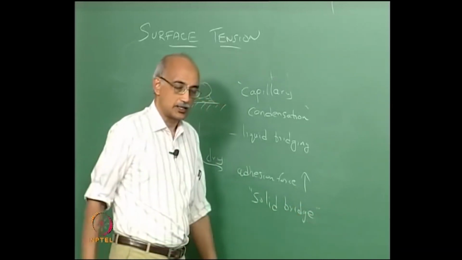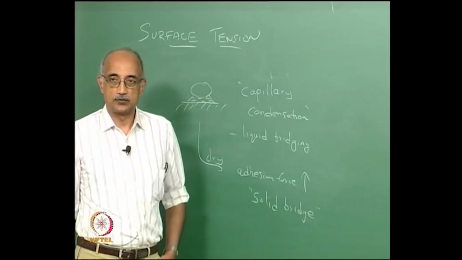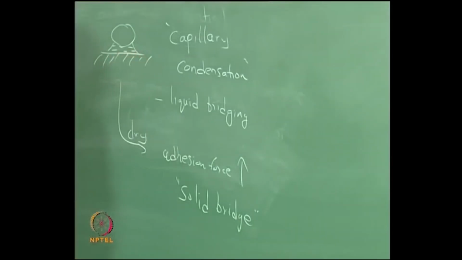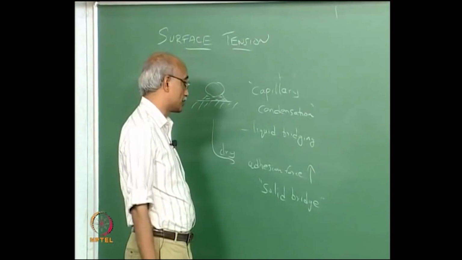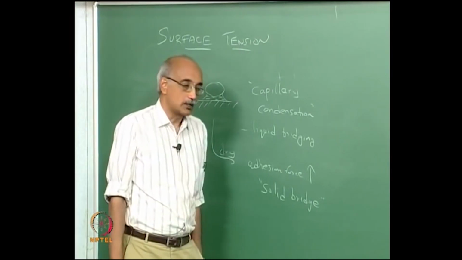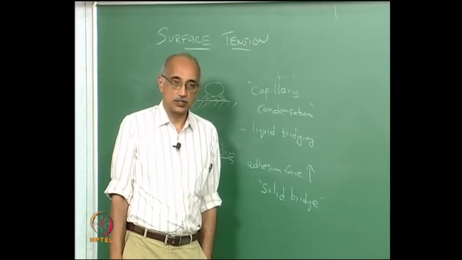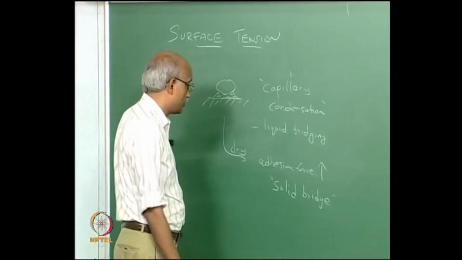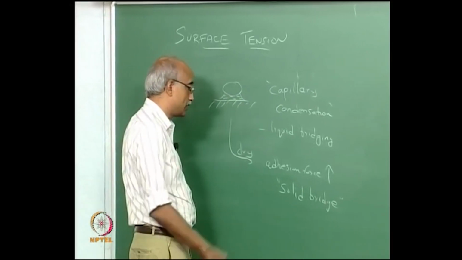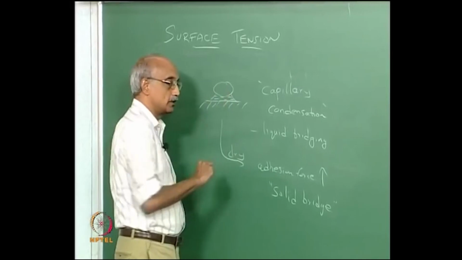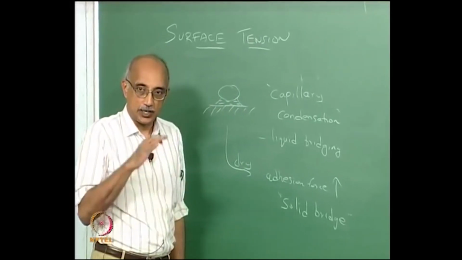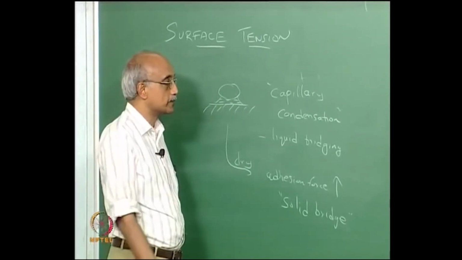A solid bridge actually acts like a physical entrapment. You have to physically break it off in order to get the particle released from the surface. So, if you want to avoid particle adhesion to surfaces, it is very important to make sure that you never allow a particle to dry on a surface after it has been immersed in a liquid.